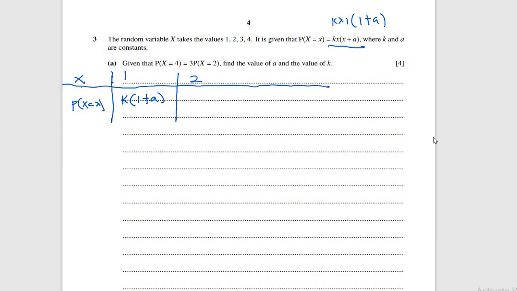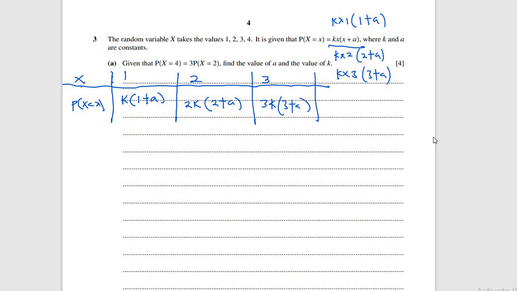When x is 2, that will be k times 2 plus a. Following that model, it gives me 2k(2 + a). When x is 3, it will be k times 3 plus a, that gives us 3k(3 + a).